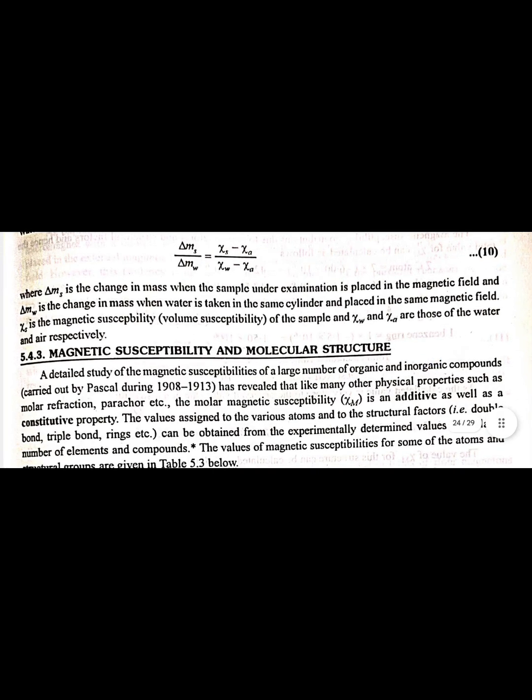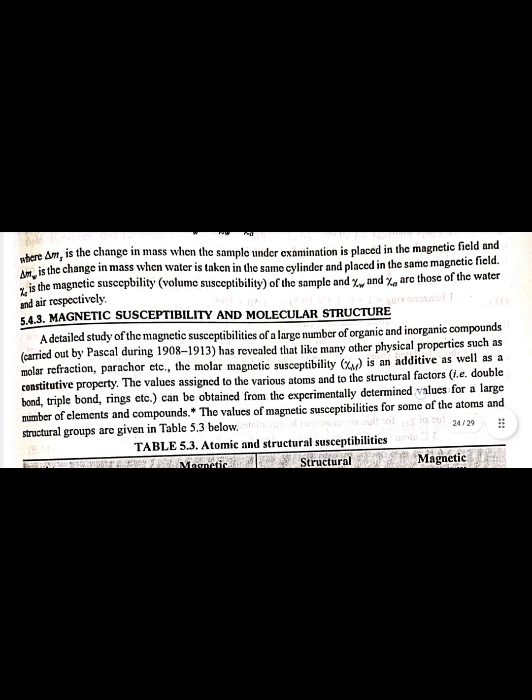Then evidently we will have delta m_s upon delta m_w is equal to (chi_s - chi_a) upon (chi_w - chi_a), equation 10, where delta m_s is the change in mass when the sample under examination is placed in the magnetic field, and delta m_w is the change in mass when water is taken in the same cylinder and placed in the same magnetic field. chi_s is the volume susceptibility of the sample, and chi_w and chi_a are those of water and air respectively.